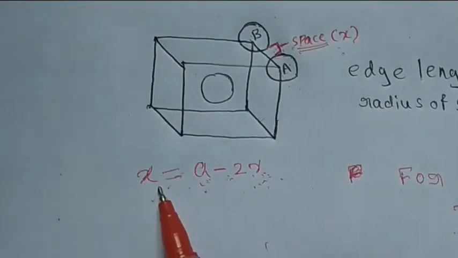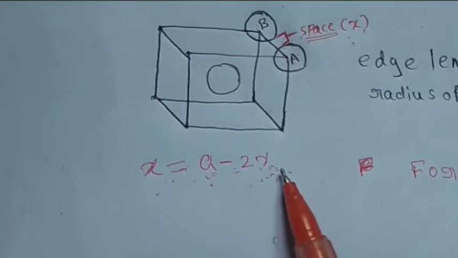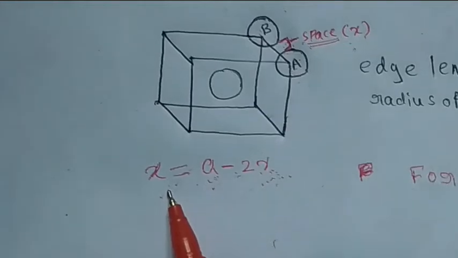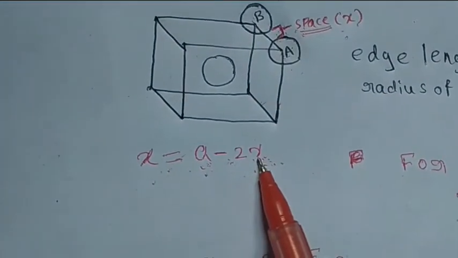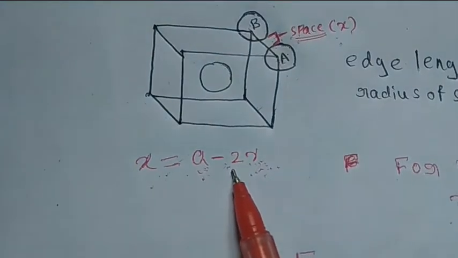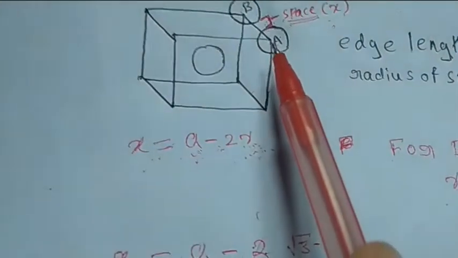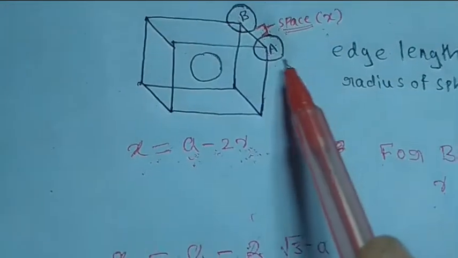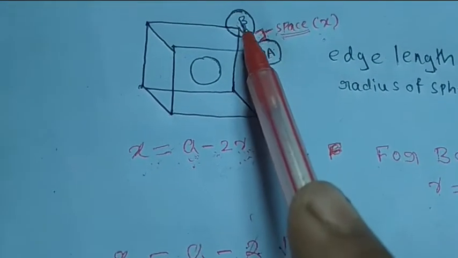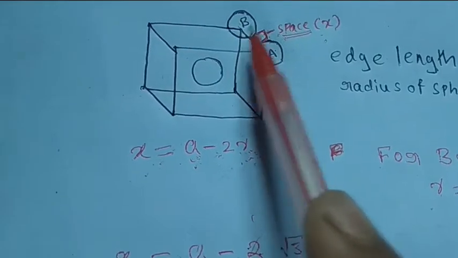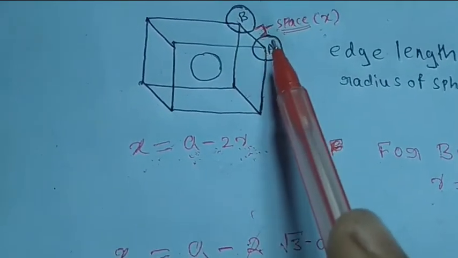Space x is equal to a minus 2r. X is the space, a is the edge length, r is the radius. Here I have taken 2r because along edge length AB, the sphere at A contributes 1r and sphere at B gives 1r. So r plus r gives 2r.